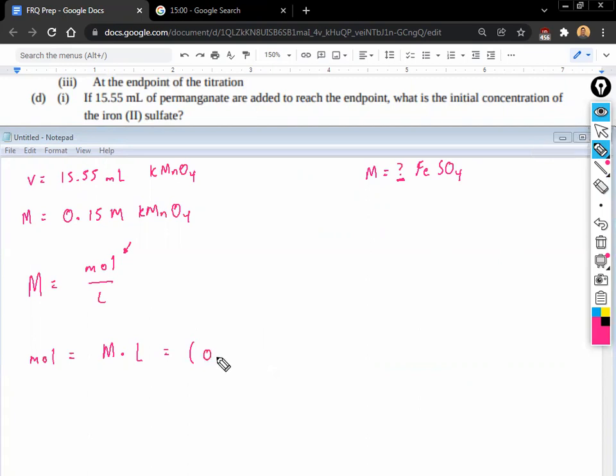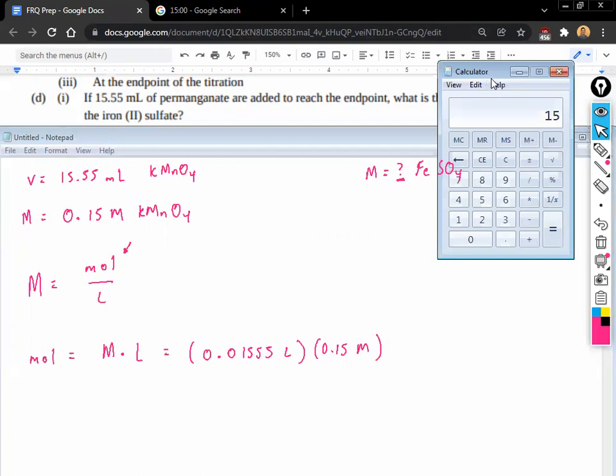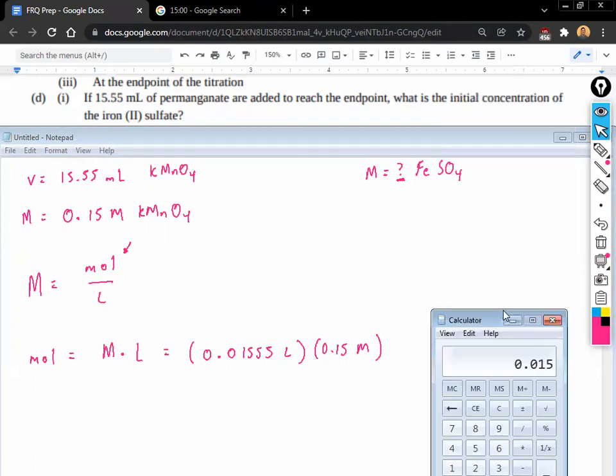So we would have 0.01555 liters times 0.15 molarity. I'll pull out my calculator. Okay, so 0.01555 times 0.15 gives us 0.00233 moles of KMnO4.